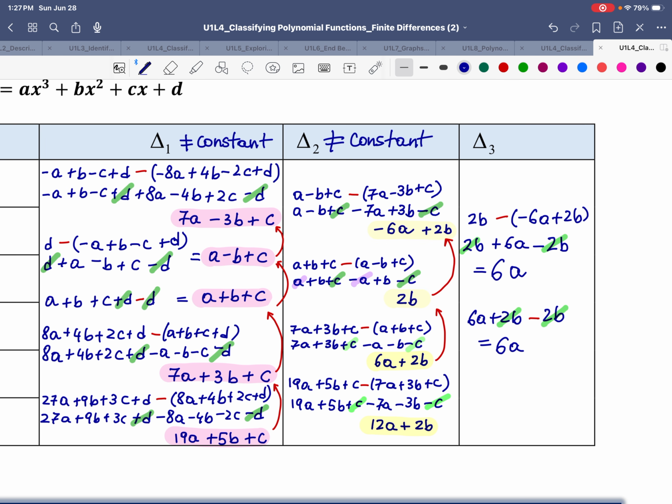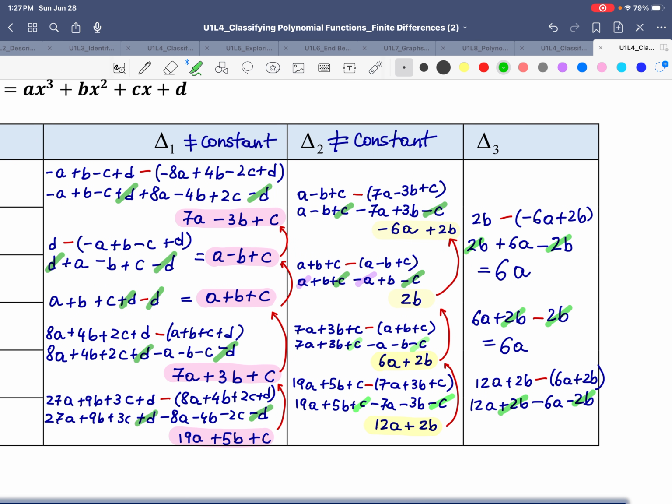And one last difference, we have 12a plus 2b, and we are taking away 6a plus 2b. So let's put it here, 12a plus 2b minus 6a minus 2b. You see again, same idea, the b's are gone. 12a minus 6a is equal to 6a, and we're going to take a closer look now at our third differences and see what we got.